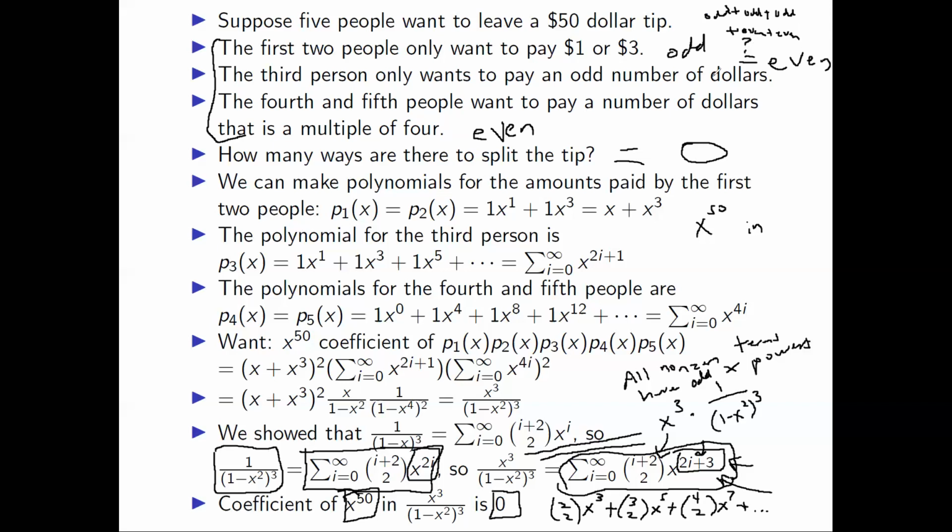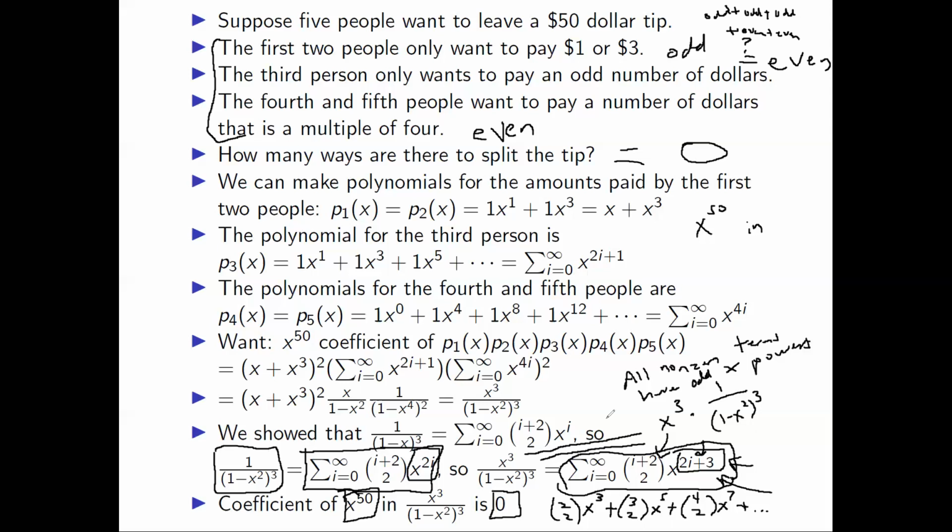And I claim that's impossible. If you have an odd number plus an odd number plus an odd number, that's going to give you an odd number, the sum of 3 odds. And if you add 2 evens to that, it's still going to stay odd. So you can never get an even. You can never get 50. So that's another way we could have seen that the $50 tip was impossible based on the constraints that these people were requiring.